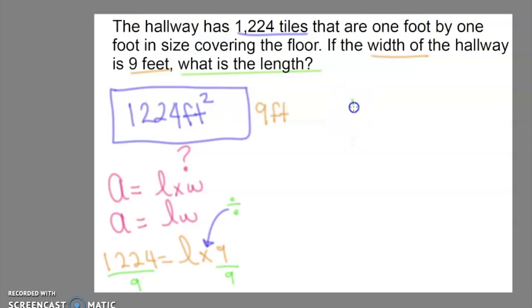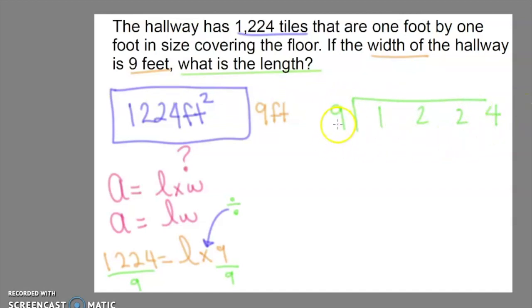Okay, so I'm going to set up my division problem right off to the side here. All right, so top dog goes in the doghouse. So I have 1,224, and my 9 is going to sit outside. Now let's go ahead and do our division problem.